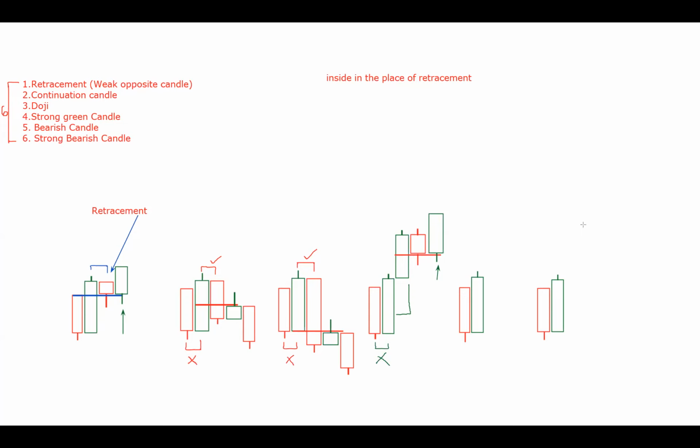Yes, sir. I'm leaving this one and going to another point. Then I will come back to this point, right? Here, in case there is an engulfing, in case there is a hammer, maybe an inverted hammer, maybe a spinning candle, right?